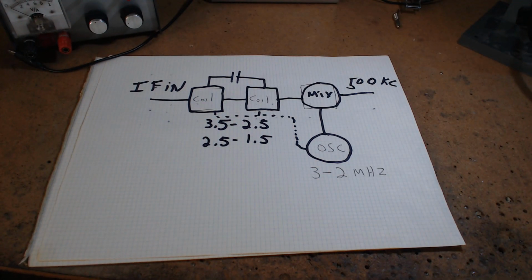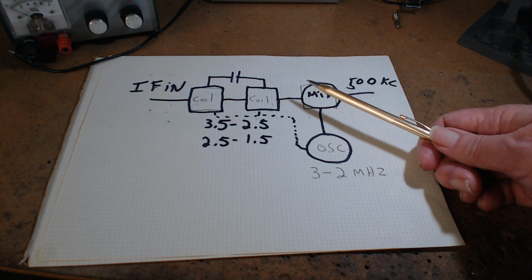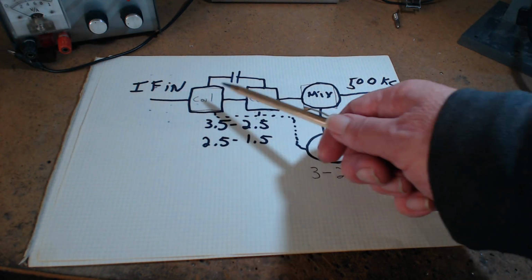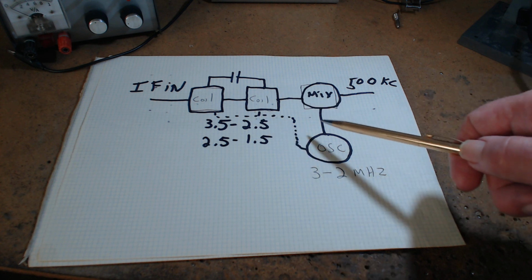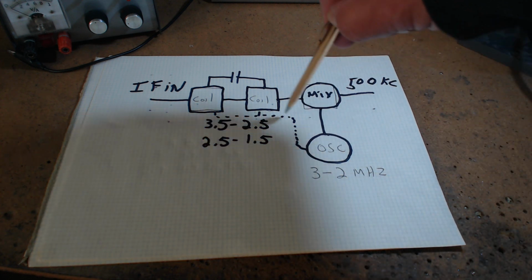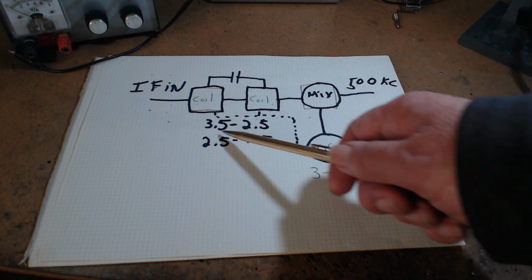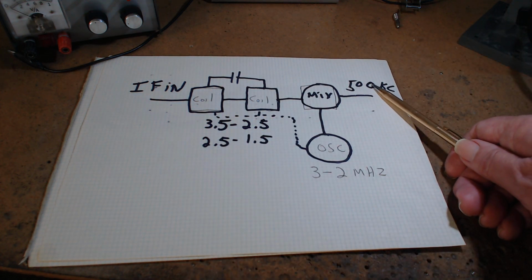thing. Here's the IF variable unit. It's basically a radio. That's all it is. Depending on what part of the band you're on, these coils change. And what they do is they track along with the oscillator, with the VFO, the PTO. So this is basically a radio with a mixer, and it produces 500 kilocycle IF.